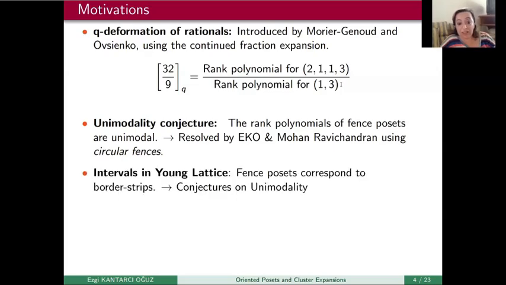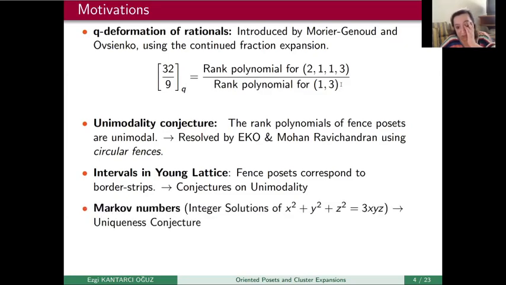This is also connected to something I am interested in, Young's lattice, and we can see them as intervals in the lattice, intervals corresponding to ribbons or border strips. And there are some conjectures on this lattice as well, like when an interval gives a unimodal rank polynomial. So that's one avenue that this could extend to.